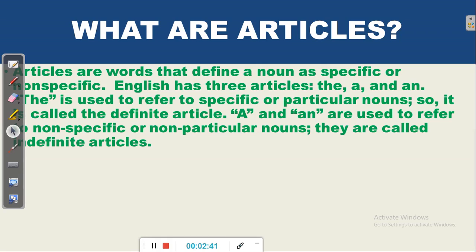That's why they are called indefinite articles. They are used to refer to things that we're not talking about in particular, things that we talk about in general terms. All right.